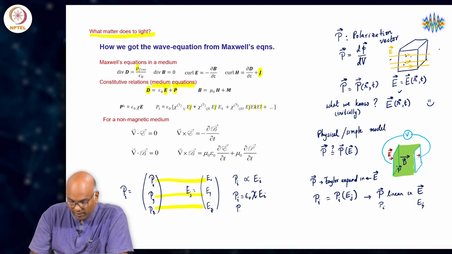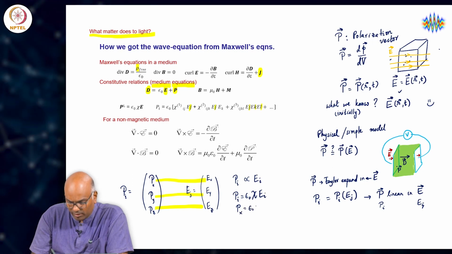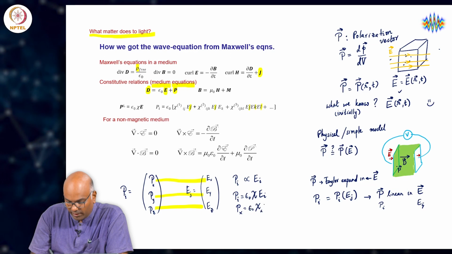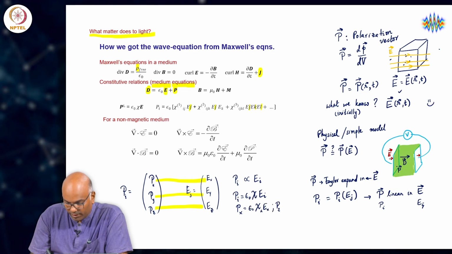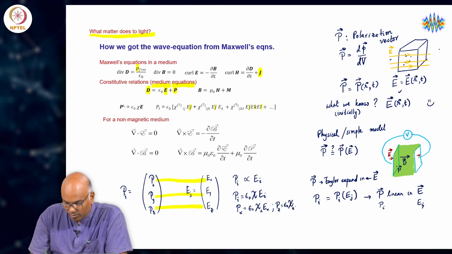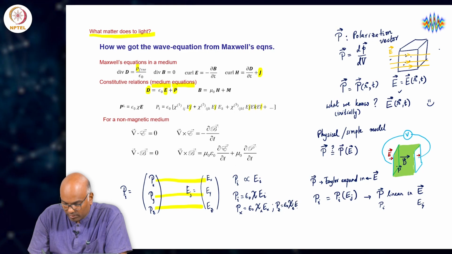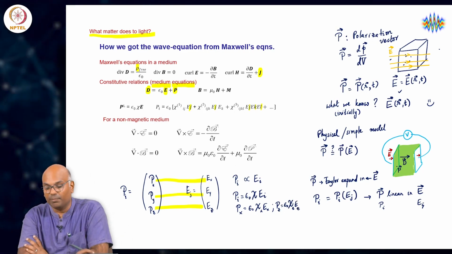I could well have had a scenario where we had Px related by chi x to Ex, but Pz related through a different number chi z to Ez, albeit for the same medium.